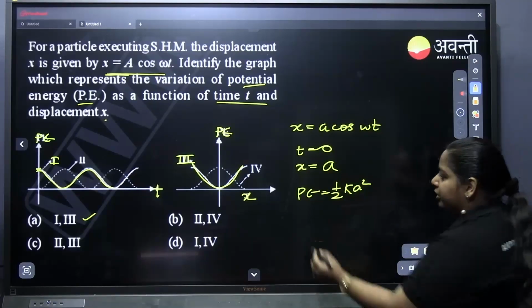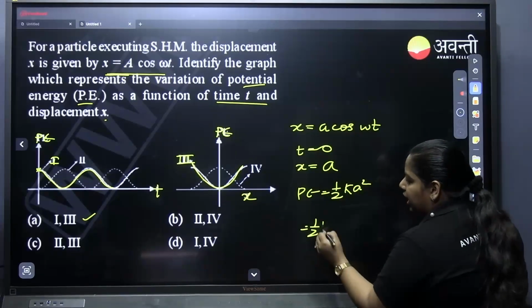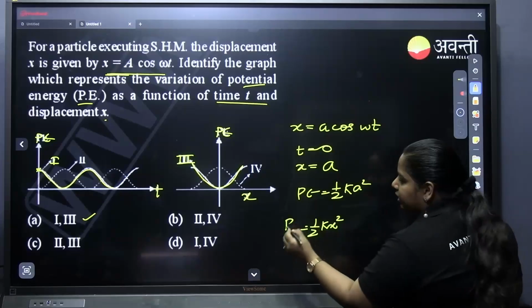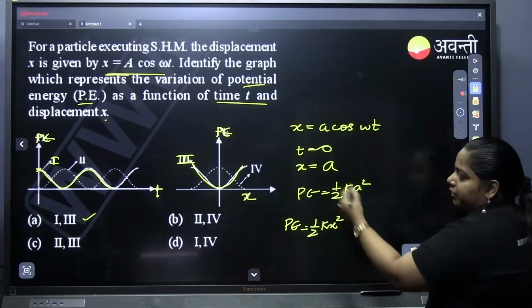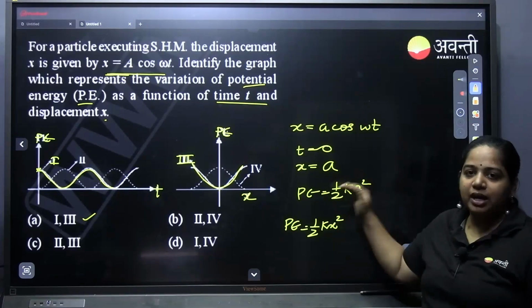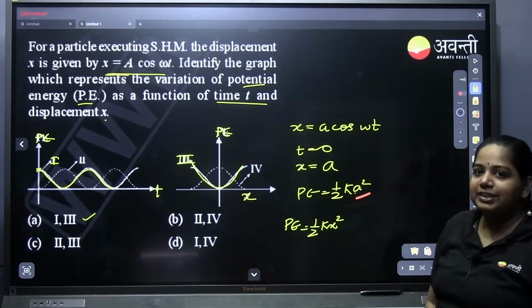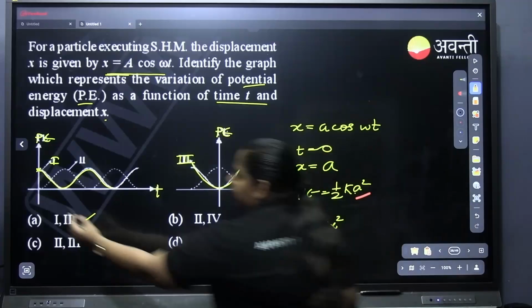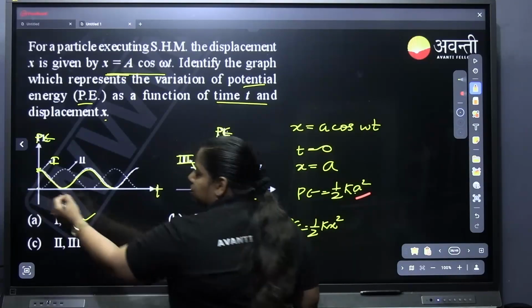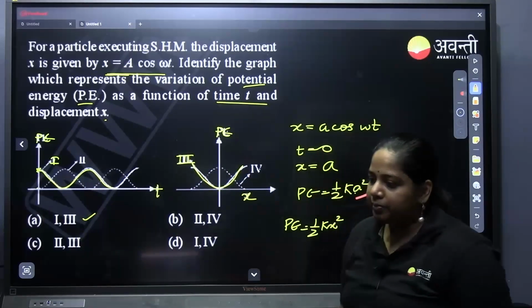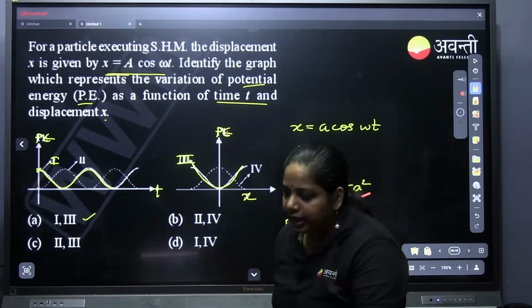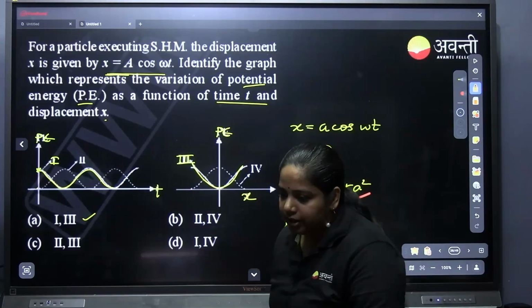In that case, the potential energy equation is half k x square, right? If I substitute x equal to a, potential energy becomes half k a square. So when t equal to 0, potential energy is at its maximum value. So it will start from the top. Okay, that is the graph. I hope you understood.